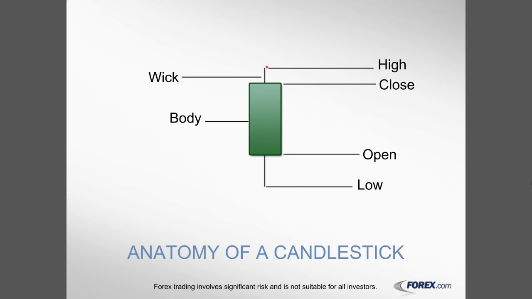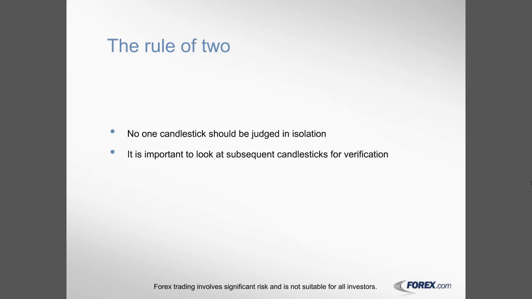We have the wick here, this line above it, and this is the highest area that the market traded at, the highest price point. The wick on the bottom, or the tail, you can call it either, is the lowest price area that the market traded at within the time frame, whatever time frame you have your chart set to. This is going to be the opening price, the price that the market opened at. This is going to be that closing price.